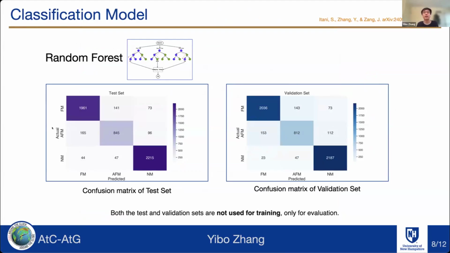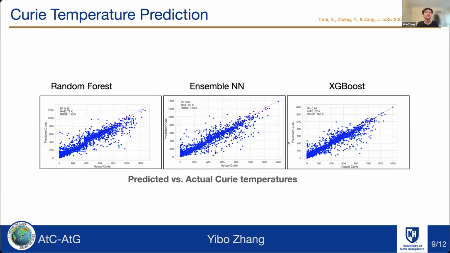For each of them, the y-axis is the actual value, the x-axis is the predicted value, and a result located on the diagonal means the prediction is perfect. And you can find that most of the predictions are on this line. So this is good. We also built a regression model.